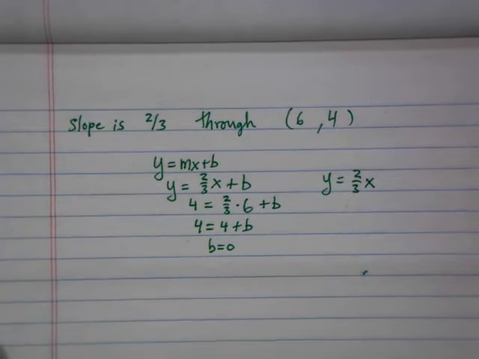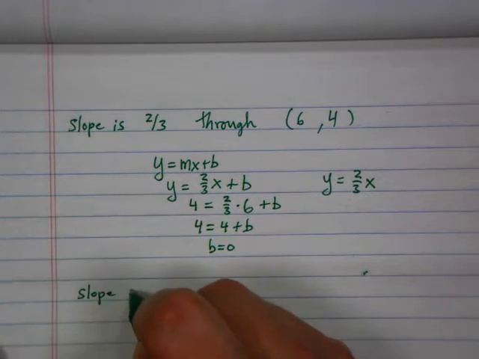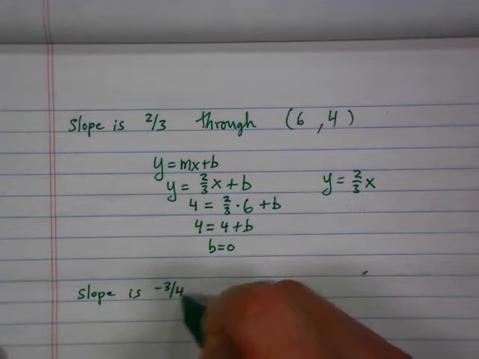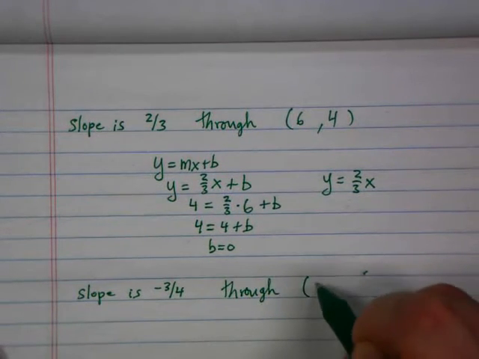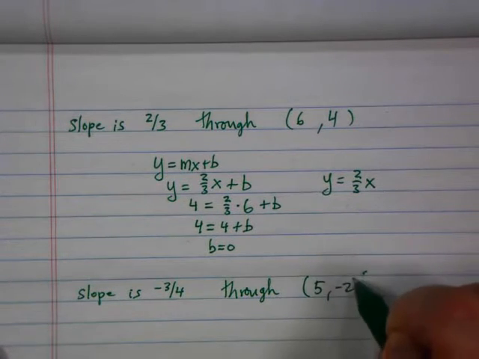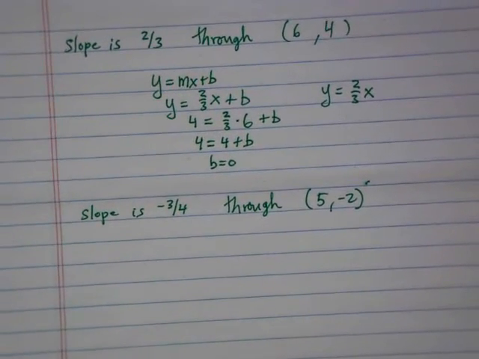All right, let me try one more. See if I can come up with nice numbers that aren't so nice. Slope is -3/4 through 5, negative 2. What do I do?